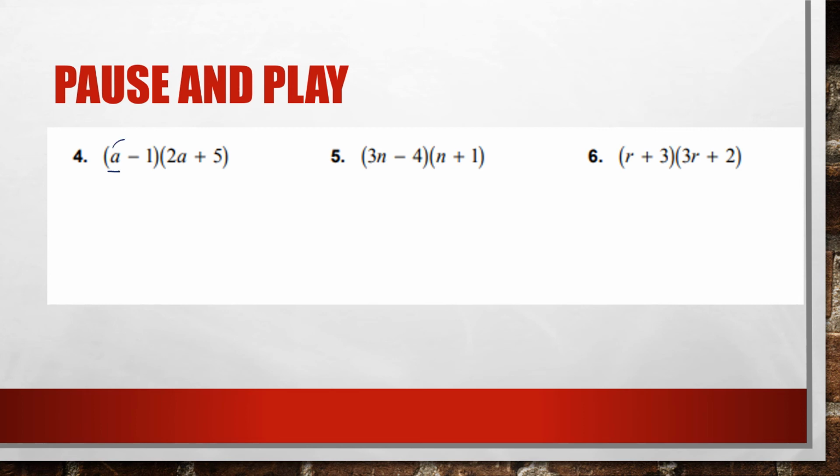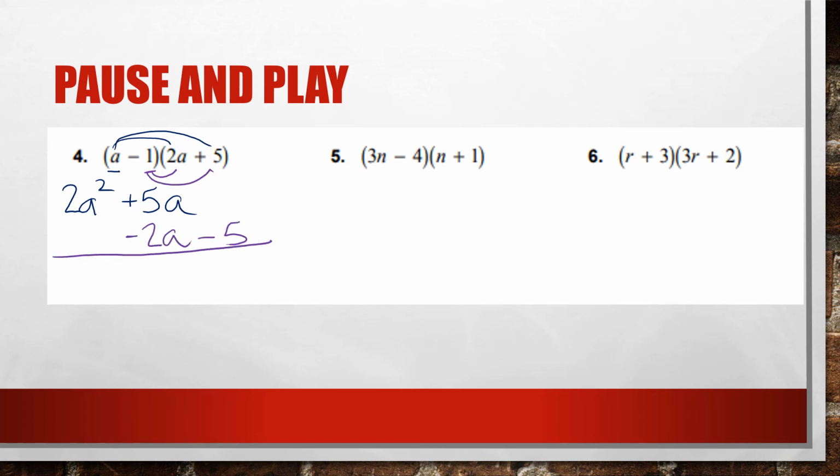Okay, the way you would do 4 is you should have 2a squared, because a times 2a would be 2a squared, and then plus 5a, and then minus 2a and minus 5. That gets me, if I add straight down, what should have been your final answer for number 4. If not, that's okay. Find your error and then correct it for the next one.